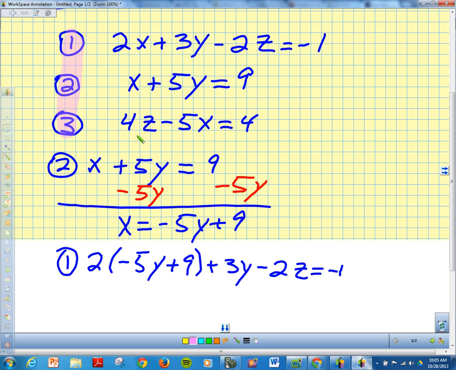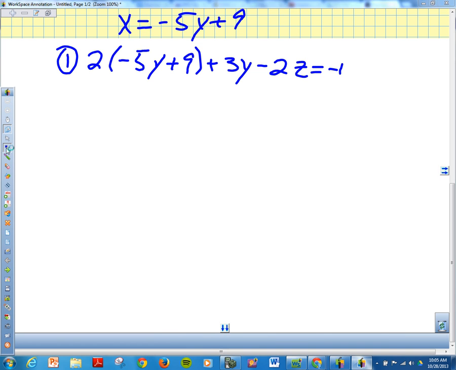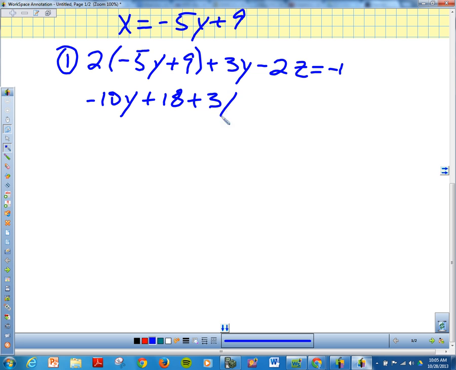Okay? So next step, we're going to distribute here. We get negative 10y plus 18 plus 3y minus 2z equals negative 1. So what should I do now? Do you have questions? Combine like terms, good. So I have the y's I can combine. And then if I want to get the numbers on one side, what should I subtract? 18.